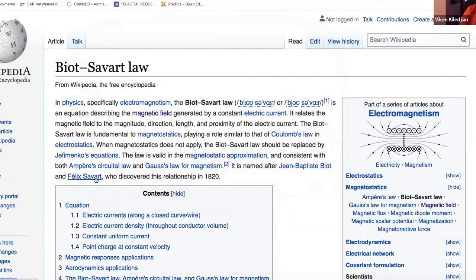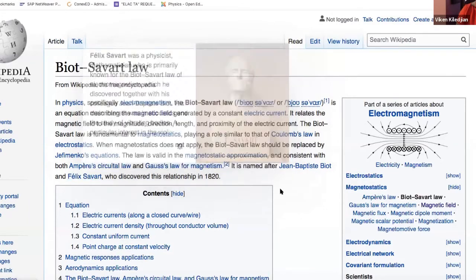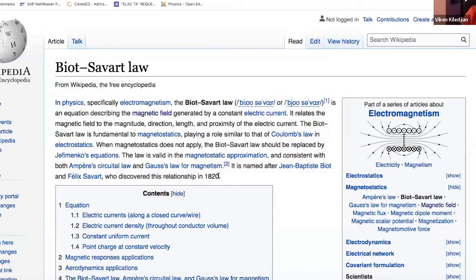And Félix Savart was a physicist and mathematician who is primarily known for the Biot Savart law of electromagnetism, which he discovered together with his colleague. His main interest was in acoustics and the study of vibrating bodies, with a particular interest in the violin. So this goes back to 1820.